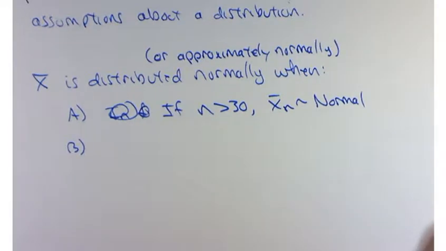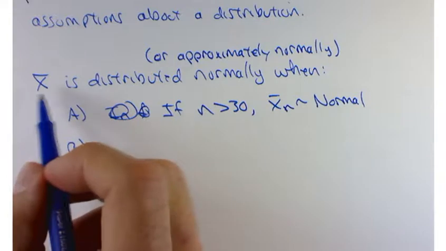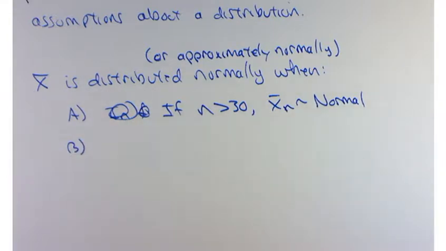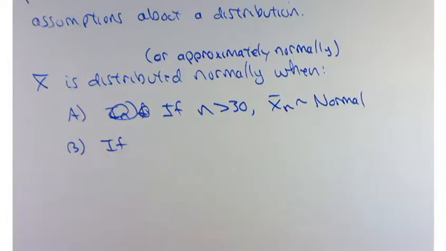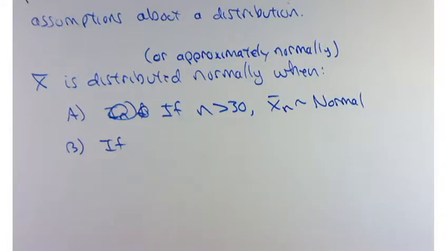All right, so good. Someone else for the other condition. In what other way could the sample mean have a normal distribution? One more time. Yeah, if the population you're sampling from itself has a normal distribution.